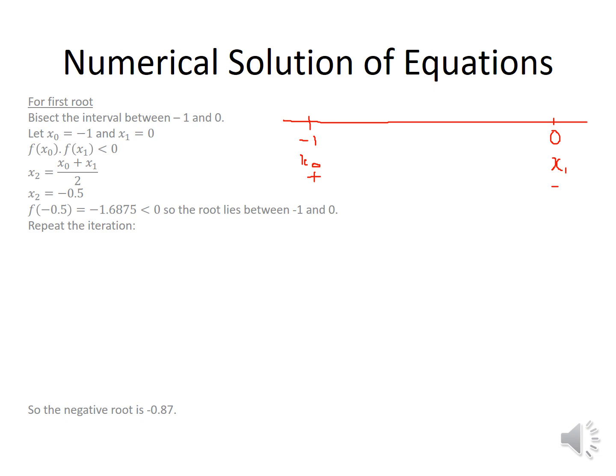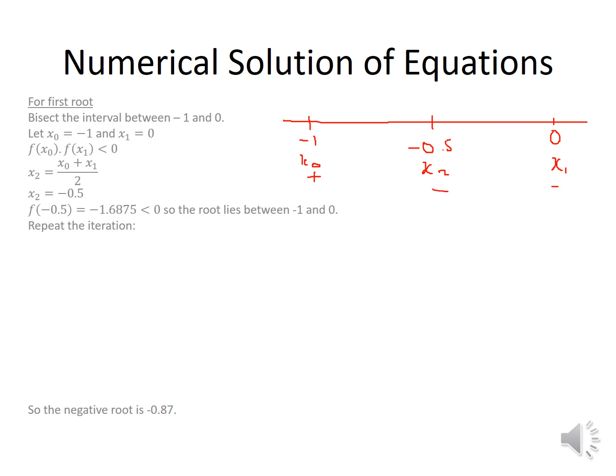And we substitute into our function, f(-0.5), or we say f(x2), is a negative value. The value is negative 1.68. Now we label negative 0.5 as x2, and we produce a negative value.